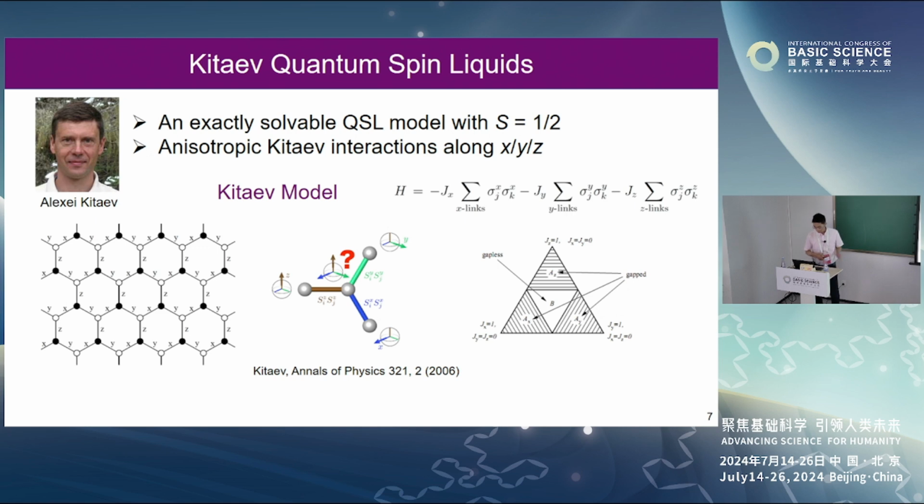The answer is yes. So in 2006, maybe some of you in the audience know that Kitaev proposed a new quantum spin liquid model. By the way, Kitaev also attended this Congress, and he was awarded the Lifetime Award in this Congress. So Kitaev proposed a new quantum spin liquid model on a honeycomb lattice.